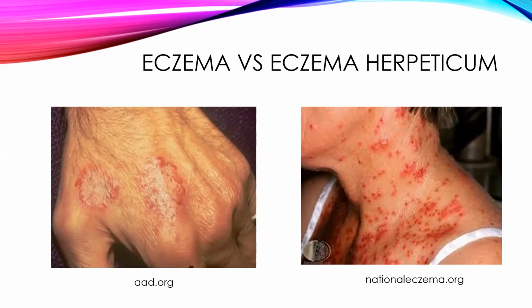But what can happen is that these patients with eczema, their skin barrier is not healthy. That's one of the reasons they have eczema. So they are more prone to get infections with viruses such as warts or molluscum, as well as bacteria such as staph. But something we don't see as often is a secondary infection with HSV, and that is what eczema herpeticum is.